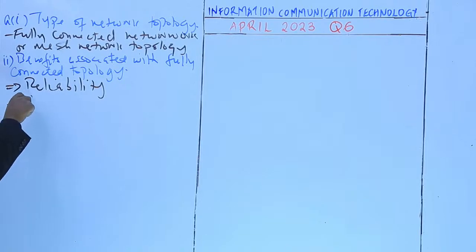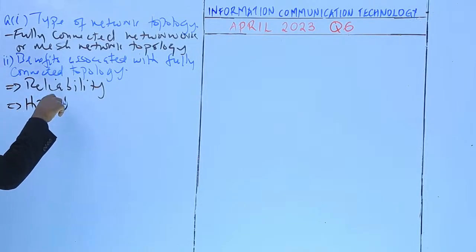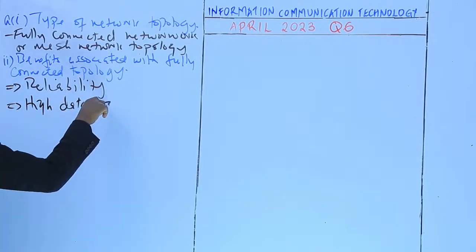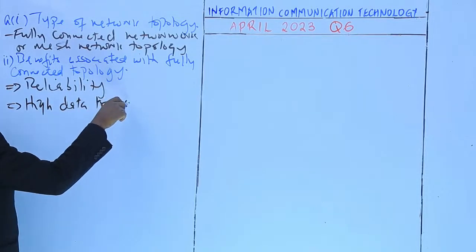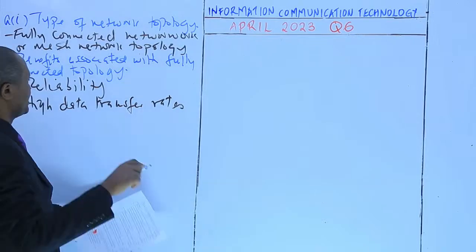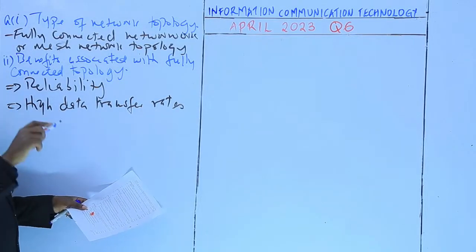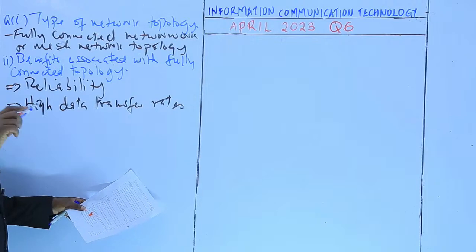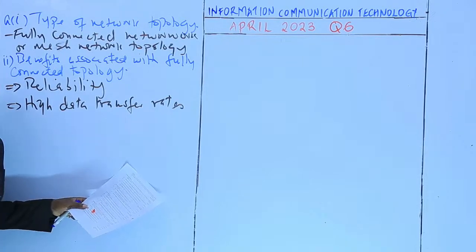2. High data transfer rate. There is a high data transfer rate in a mesh network topology.